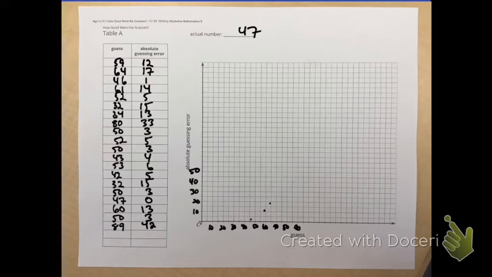Somewhere about there. 61, 14. 61, 14 is going to be right about there. 52, 5. Right there. 32, 15. Right about there. 34, 13. Right about there. 80, 33. Right about there.